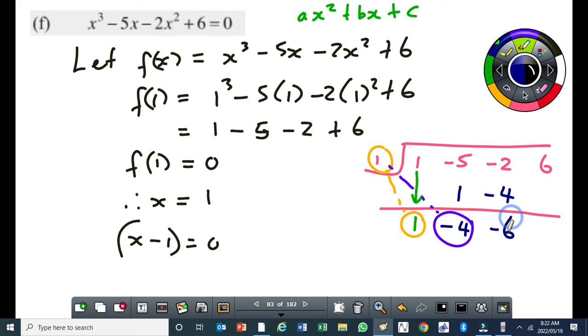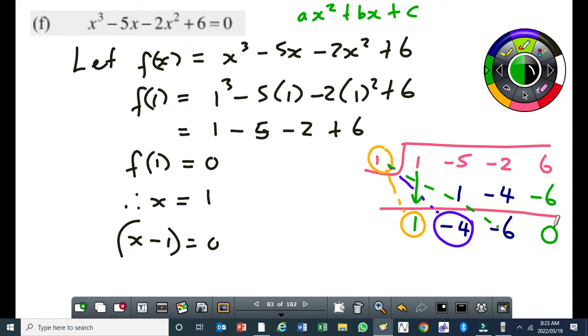Now, always, whatever last number you get here, if you add it to this one, you must get a 0. So minus 6 times 1, we multiply those two, then we get minus 6, and then you add the 6, you get 0.